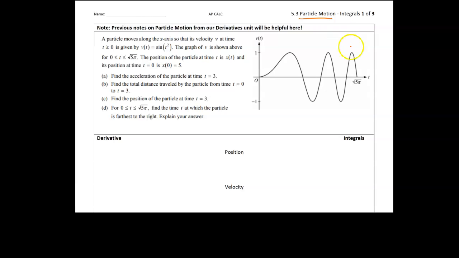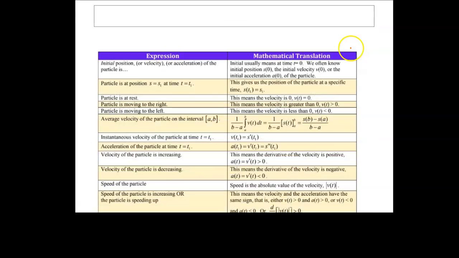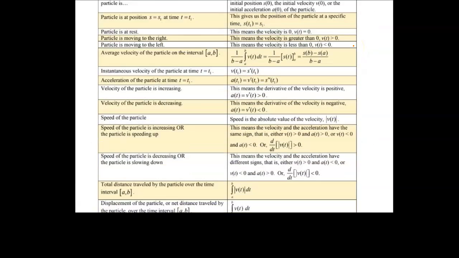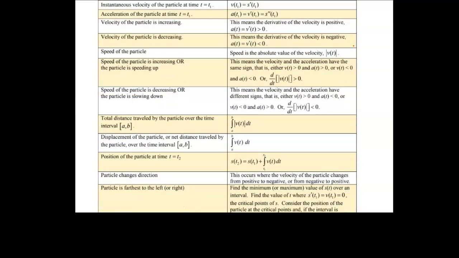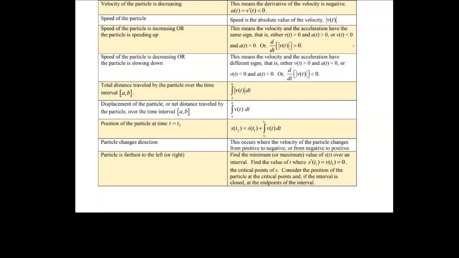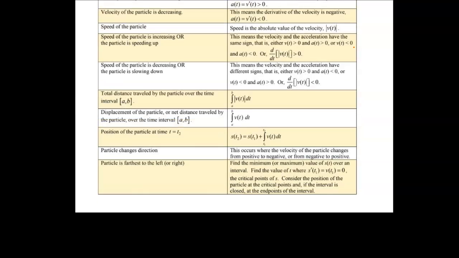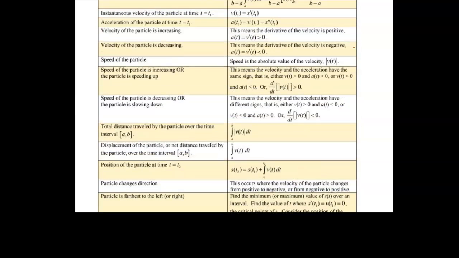So we're going to start by reviewing a little bit of the vocabulary, and notice the second page of your notes here is essentially a glossary, so it helps you decipher what all these words mean. Most of them are familiar, things like speed and velocity, but some are new, such as displacement.